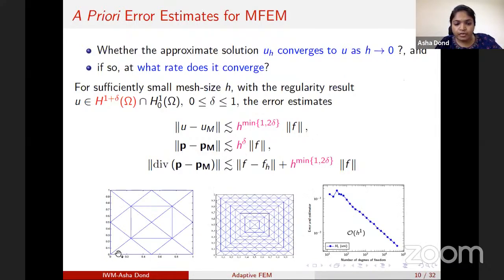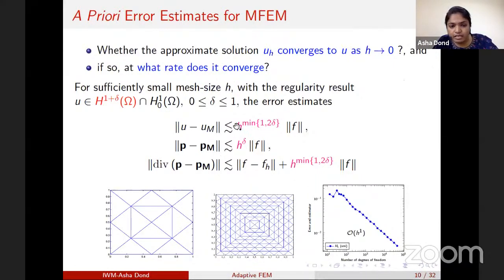So what does it mean? It means that if you have an initial triangulation, where suppose the longest edge gives a mesh size h of 0.5, and you refine it, then for the refined triangulation, when we solve the problem, we expect our discrete solution to be better.